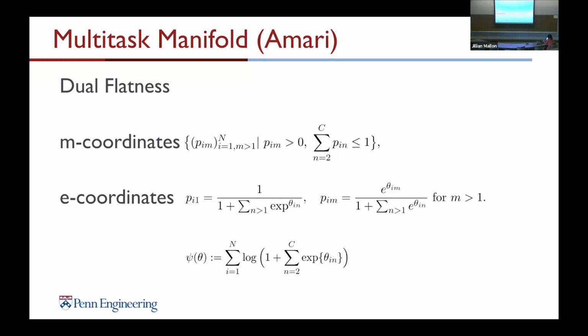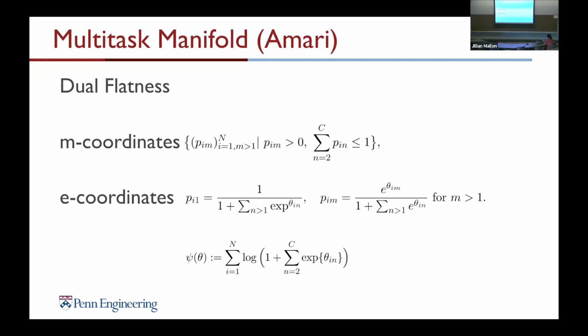We generally show that we can have a dualistic structure whose third order derivative will vanish, and thus we can show it is somehow flat. To begin with, it defines two coordinates. The first one is the m coordinates, which are just the class probabilities if we take the first class as a reference.